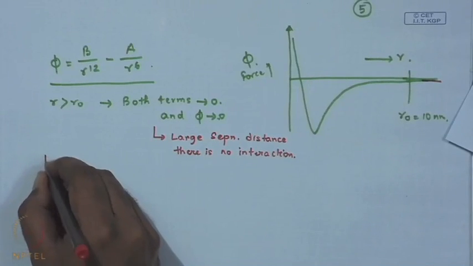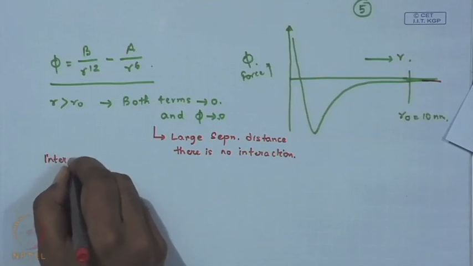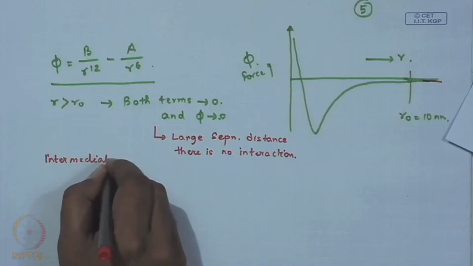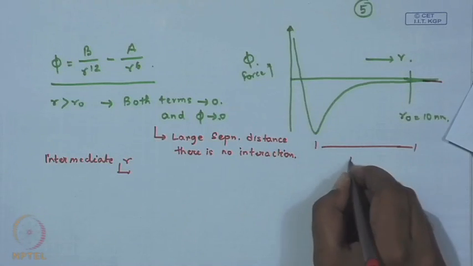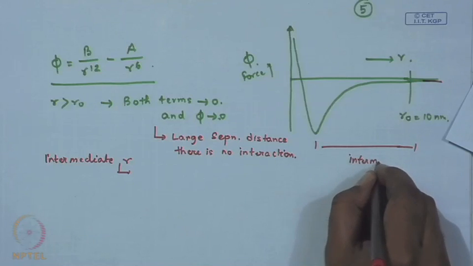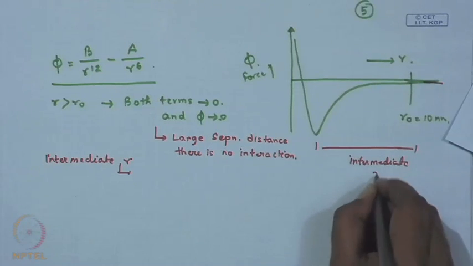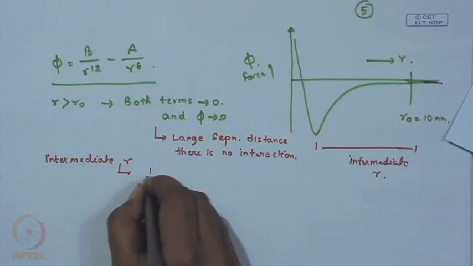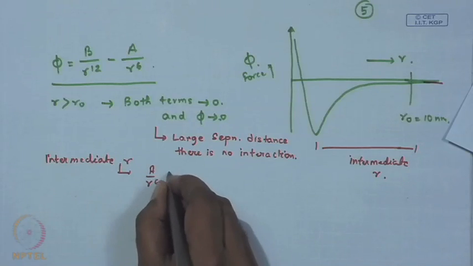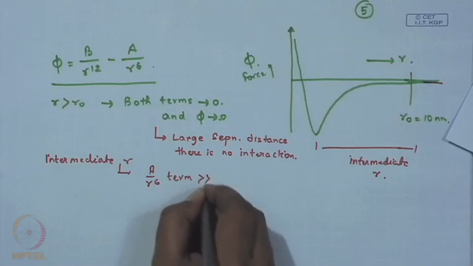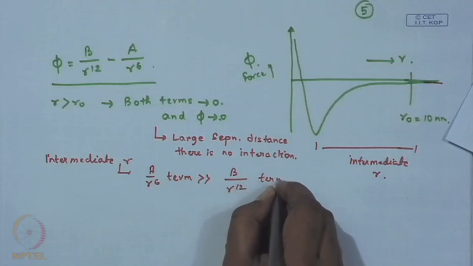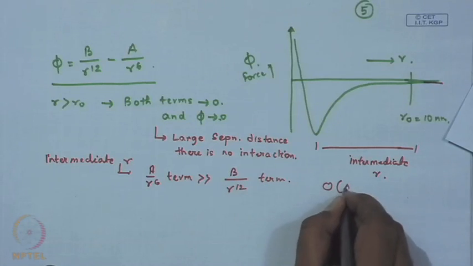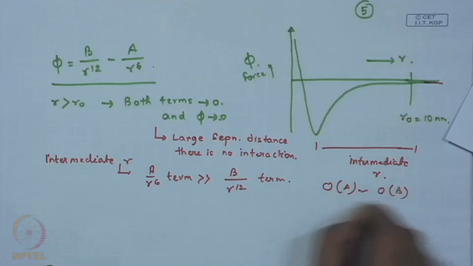For an intermediate r, that is in this zone, the second term dominates over the first, as we assume that the order of A and the order of B are roughly the same.